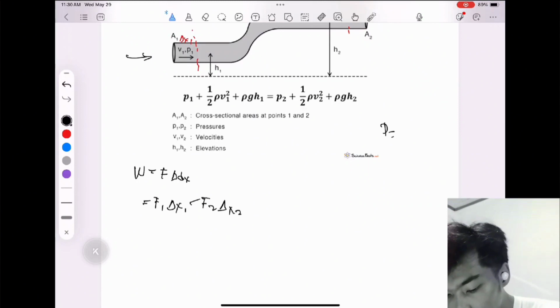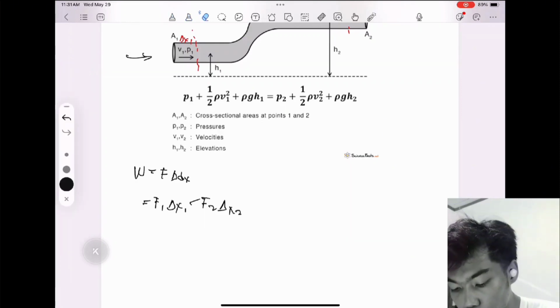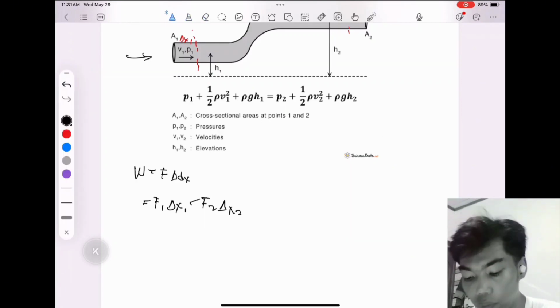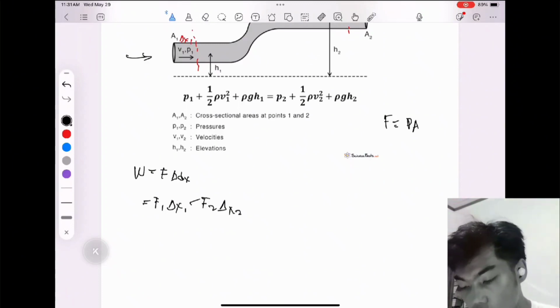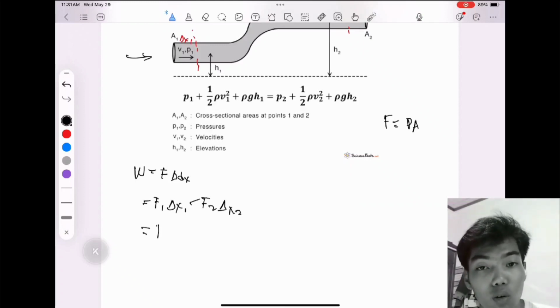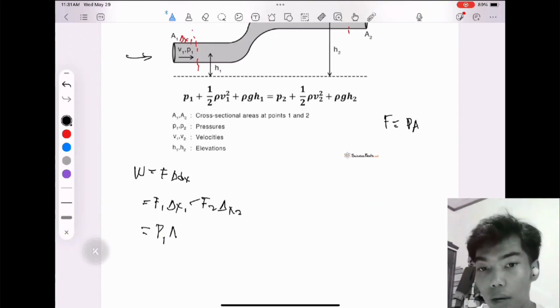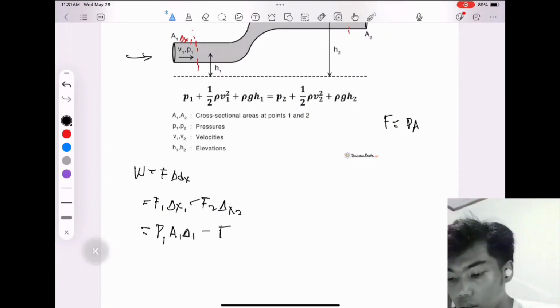Integrating it sa formula, P1 A1 delta x1 minus P2 A2 delta x2. Ngayon, keep in mind yung ating thought na kung ano yung pumasok, yun din yung lalabas all throughout Bernoulli equation natin.